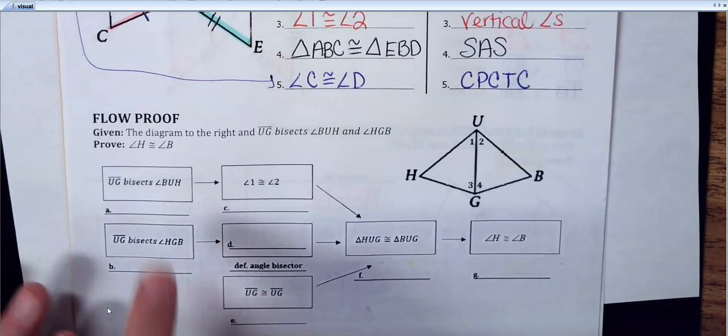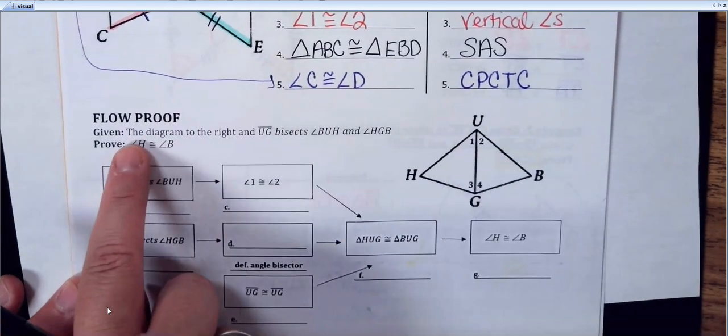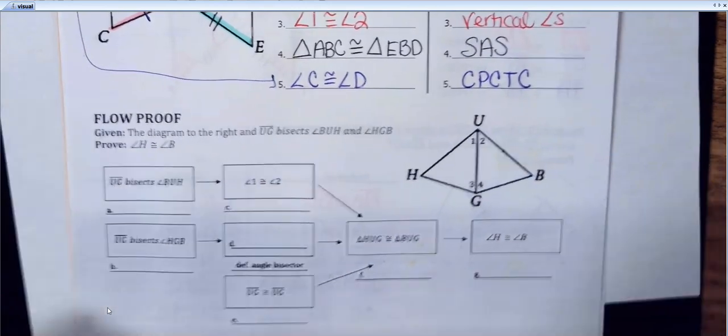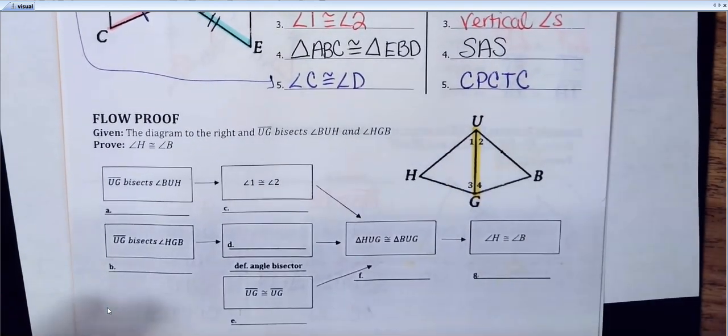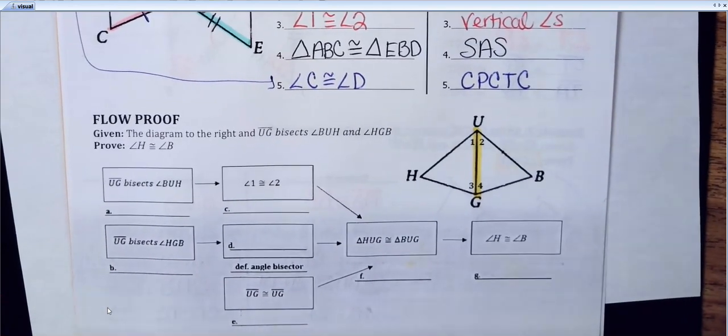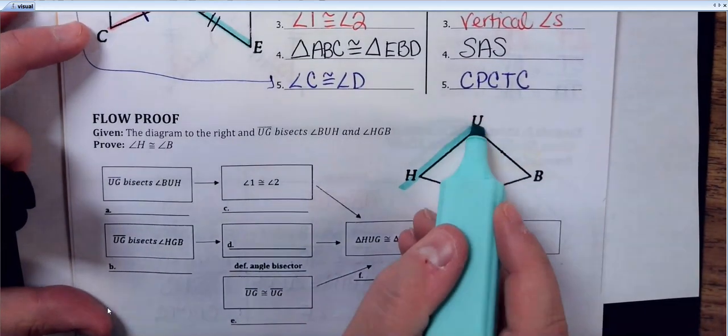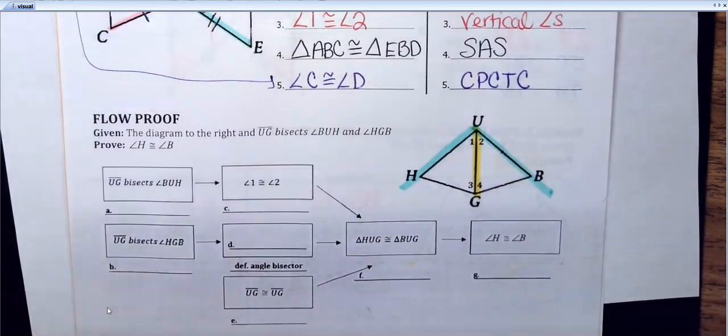So it'll say we have this lovely diagram here, and it says UG, so that's going to be right here, this segment. It's going to bisect 2 different angles. So it's going to bisect BUH, so I'm just going to extend that angle a little bit.